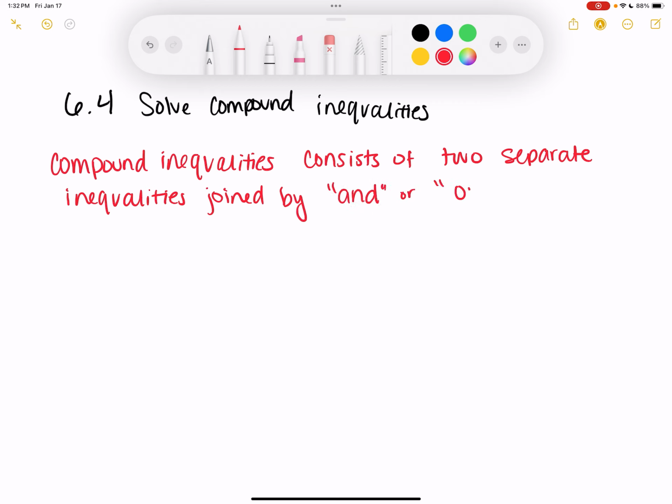Now, and doesn't typically get written. Typically, it just happens in the way that it looks, or it's two completely separate things, and so you will see both of those.